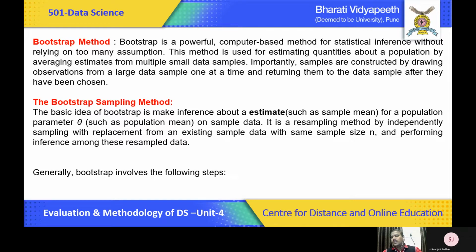That time we call it the sample and population, right? So in this computer-based method, that is the bootstrap method, we have to see the quantities of the population. How much population? Suppose you have 1,000 people and you are predicting by taking the data of 10 people, right?